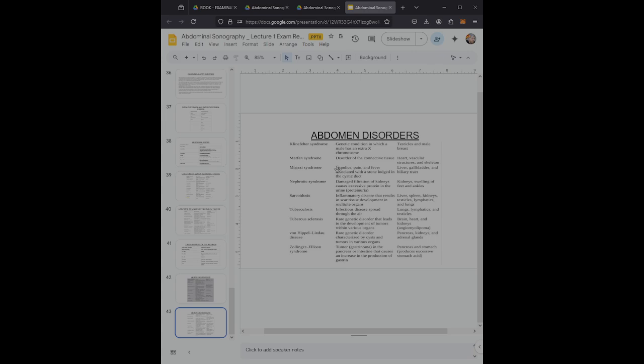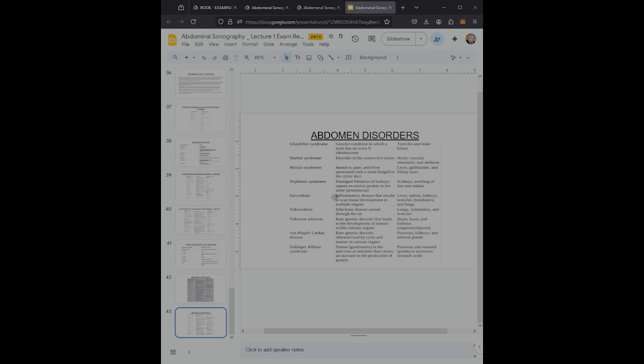Mirizzi syndrome shows up as jaundice, pain, and fever, associated with a stone lodged in the cystic duct, affects the biliary tract. Nephrotic syndrome, damaged filtration of kidneys, causes excessive protein in the urine, or proteinuria, affects the kidneys, swelling of feet and ankles.